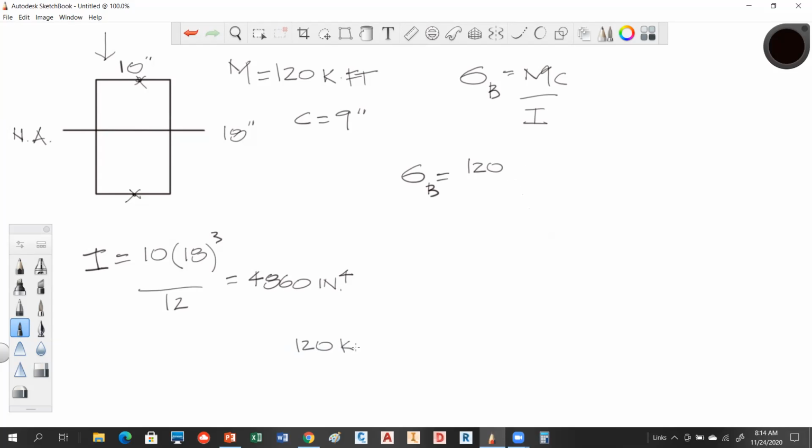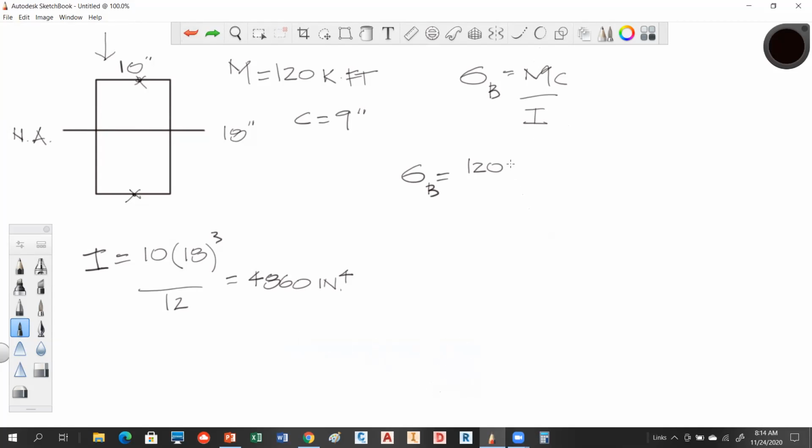Let's be careful. 120 kip feet times 12 inches per foot. So we don't divide by 12, we what? Oh, multiply by 12. All right, that makes a huge difference. Okay, you would have been out by a factor of 12 the wrong way, okay?